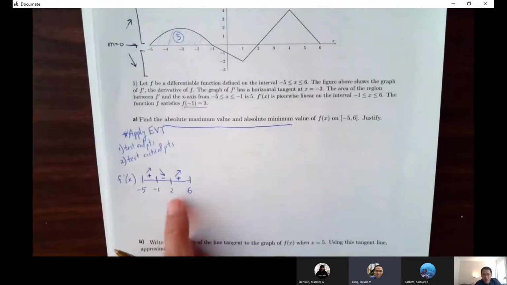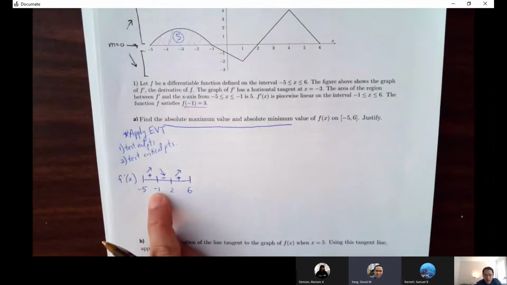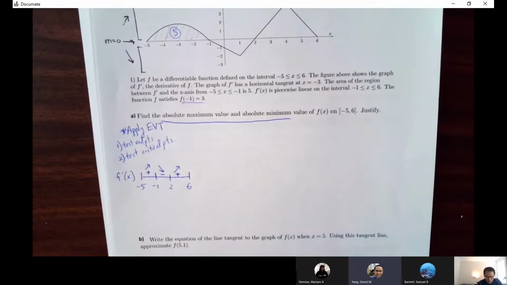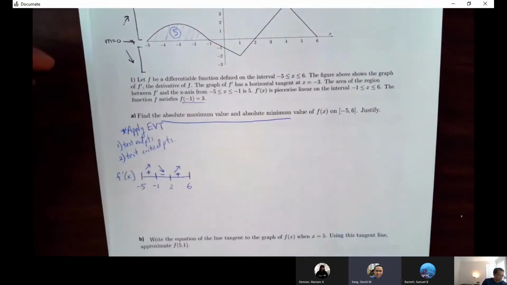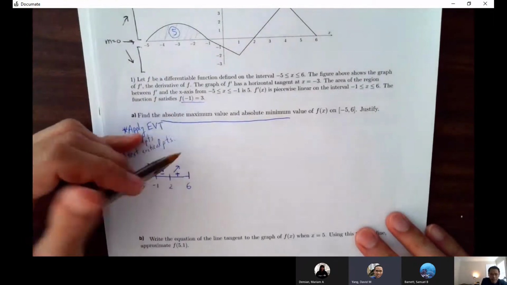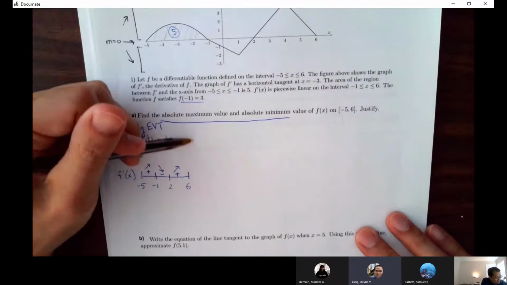So we know we have a relative min at 2, we have a relative max at -1, so all 4 points are points we want to be testing to determine max and min.